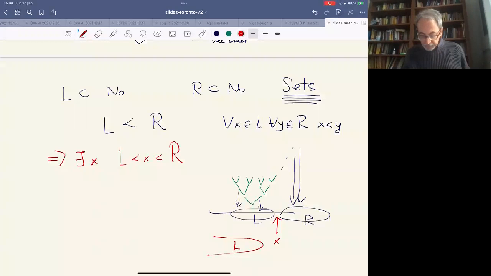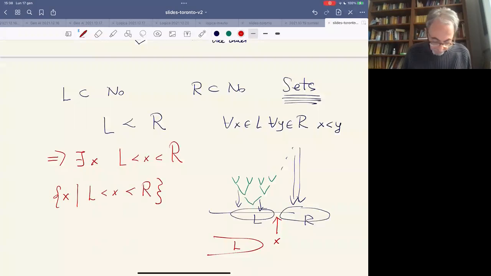And moreover, the class of X satisfying this property is convex, of course.